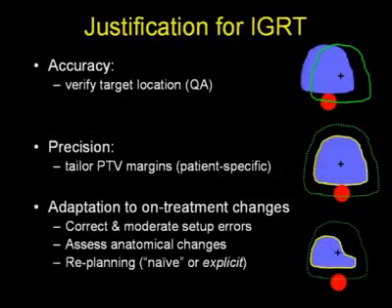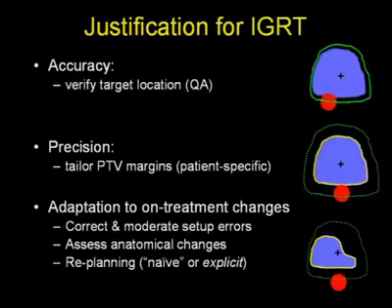IGRT has been used for multiple purposes across users. The first and most basic thing that most people do is to improve the accuracy of radiation therapy, where one can verify the target location or QA the patient position and correct this position in order to have a treatment that is concordant with what's on the treatment plan.